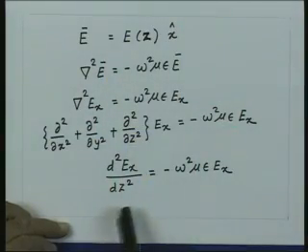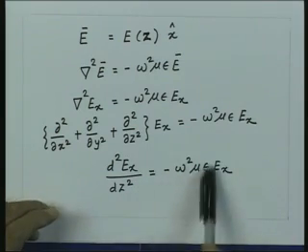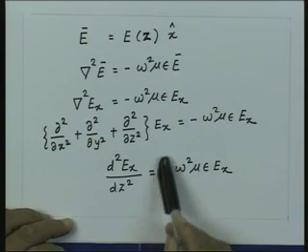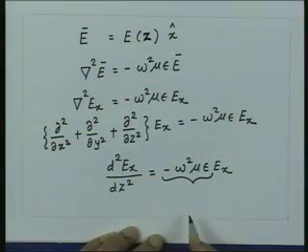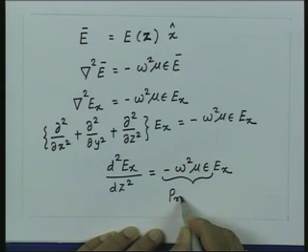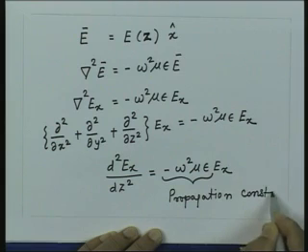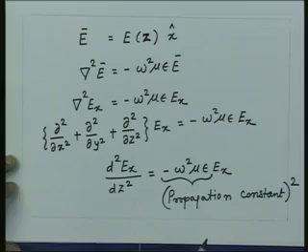In transmission line, when we were investigating, the first thing we had done was to define the quantity minus omega square mu epsilon, which in that transmission line case was related to R, L, G and C. We had called this quantity the propagation constant. With the same kind of understanding, we can call this quantity the propagation constant square for this case.